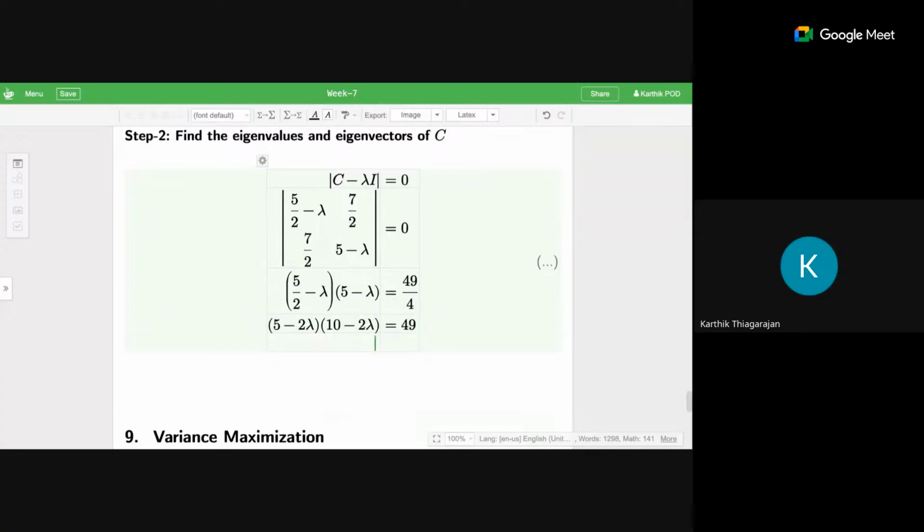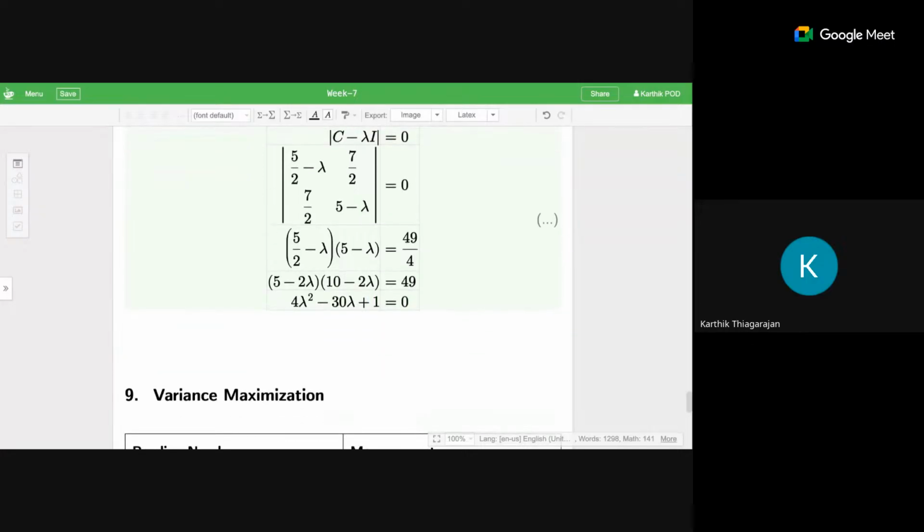So it's like 4 lambda square minus 10 lambda minus 20 lambda, so that's 30 lambda, plus 50 minus 49 is 1. Is this what you will end up with?